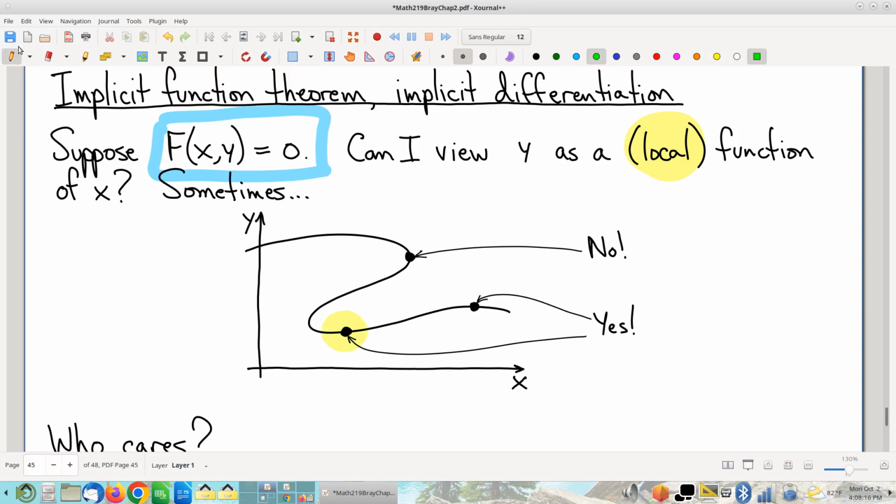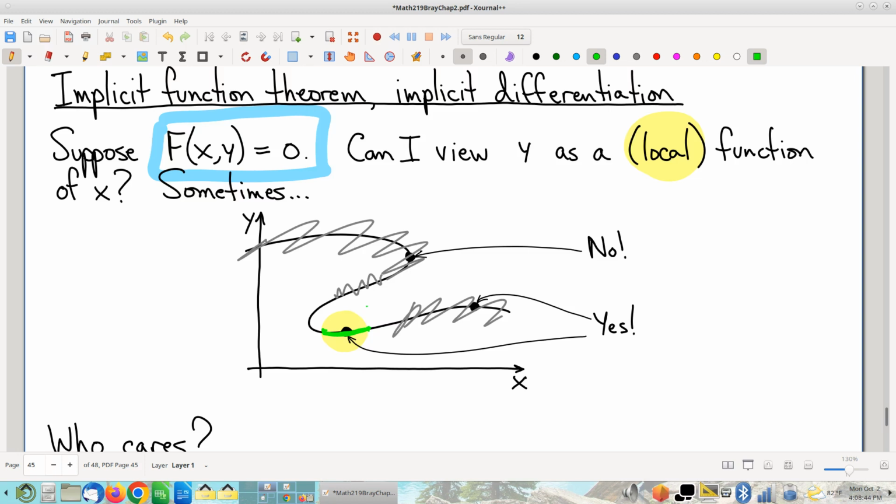I'm going to throw away all the rest of the curve. I don't care about any of that. I'm only going to look at that one little vicinity, considering only this little green piece of curve right there. Is that local part of the curve a graph?